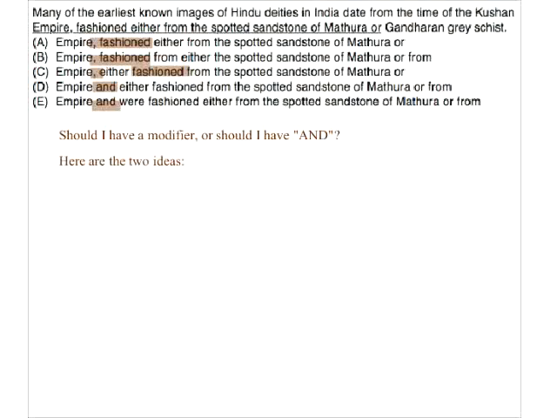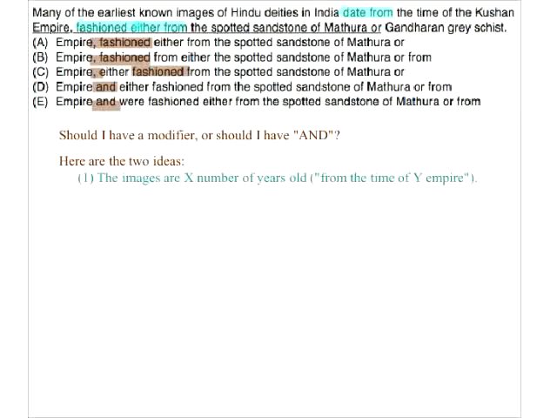So the 2 ideas are this idea of how old they are and what they're made of. Number 1, the images are X number of years old, like from the time of Y empire.